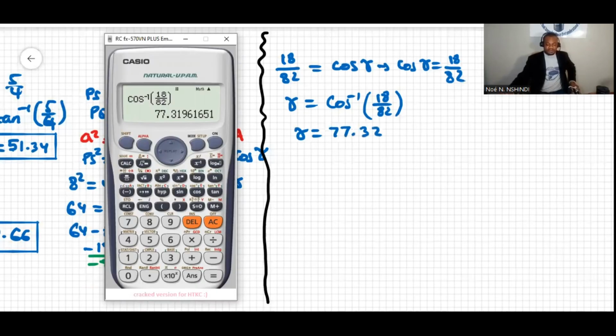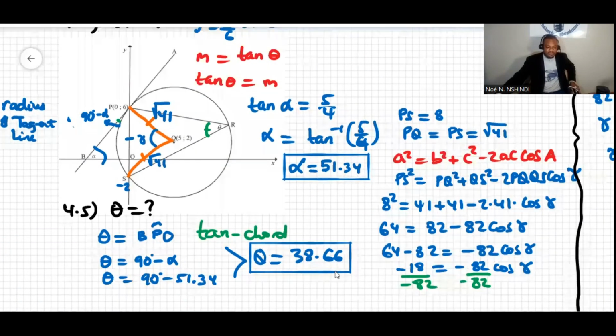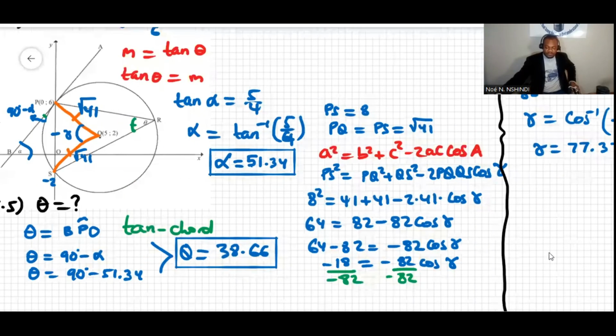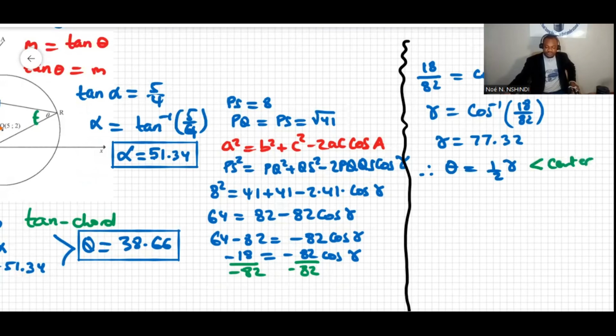Now, we can then use the angle at the center property, because the angle at the center is half the angle at the circumference. So therefore theta equals a half gamma, because the angle at the center is equal to a half the angle at the circumference.